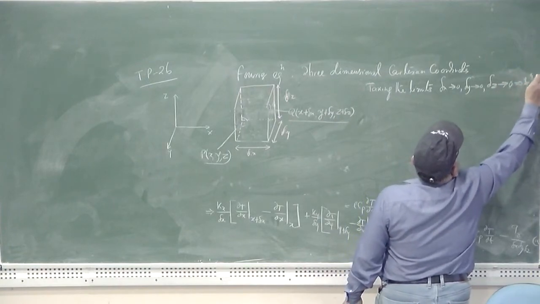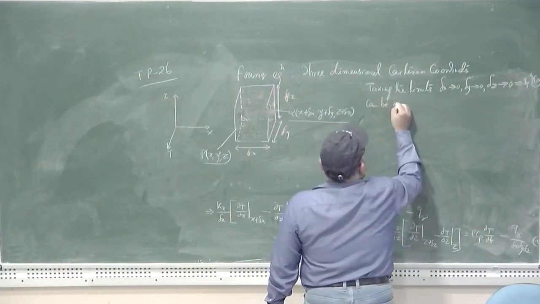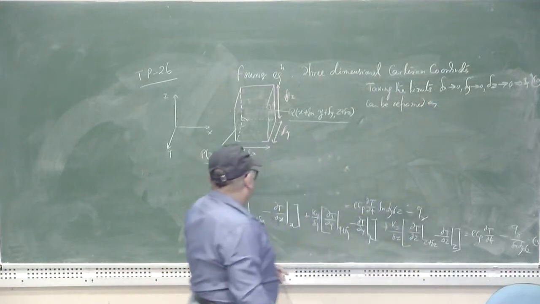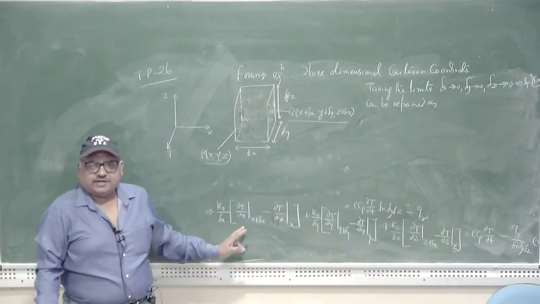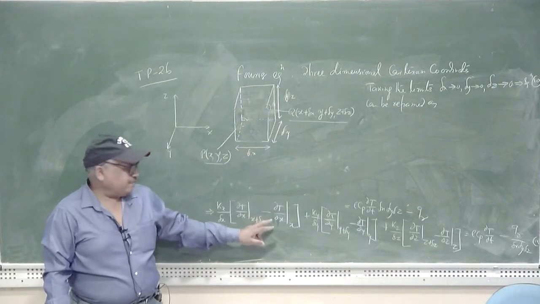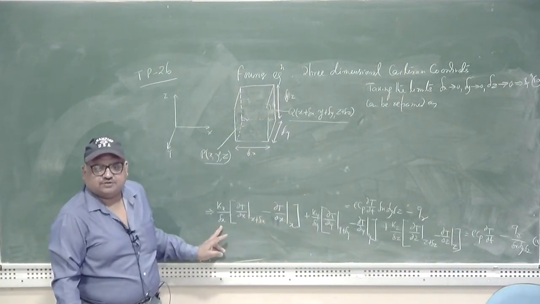Equation number 10 can be reframed as this quantity, function x plus delta x minus function x divided by delta x as delta x tends to 0.